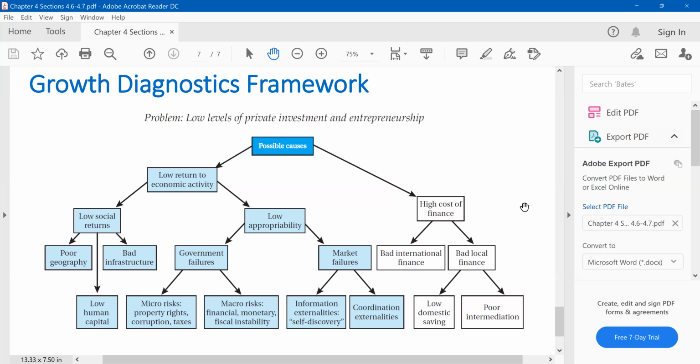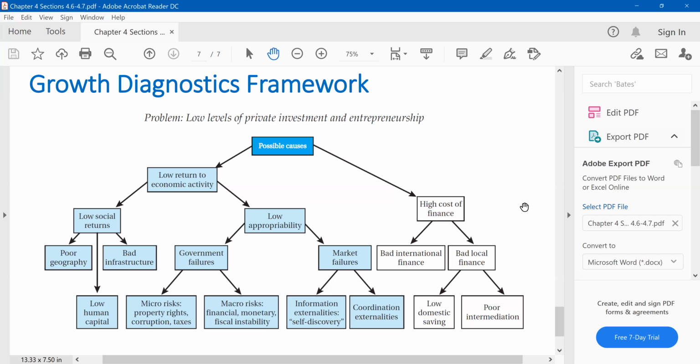All right. Then at the local level, the domestic level, you may have a low level of savings and or poor intermediation. When we have a low level of savings, that's obviously a blocking constraint, because if you cannot find these funds internationally, then you must find them locally in the domestic market in the country. And if the country is poor, then they have a low level of savings.